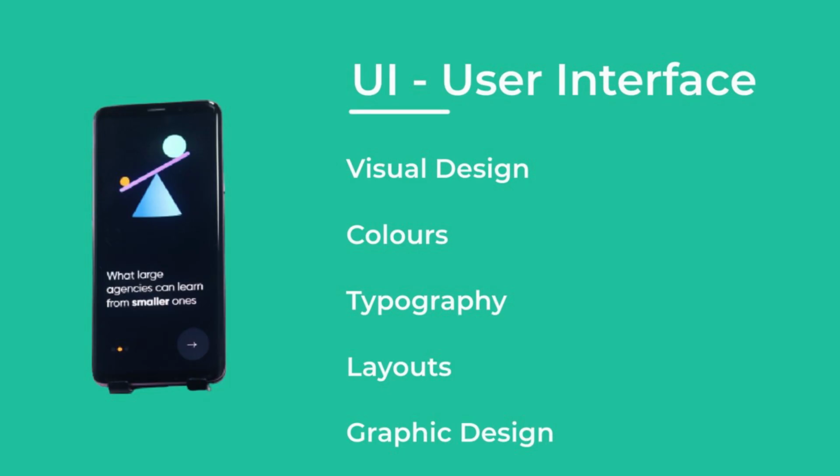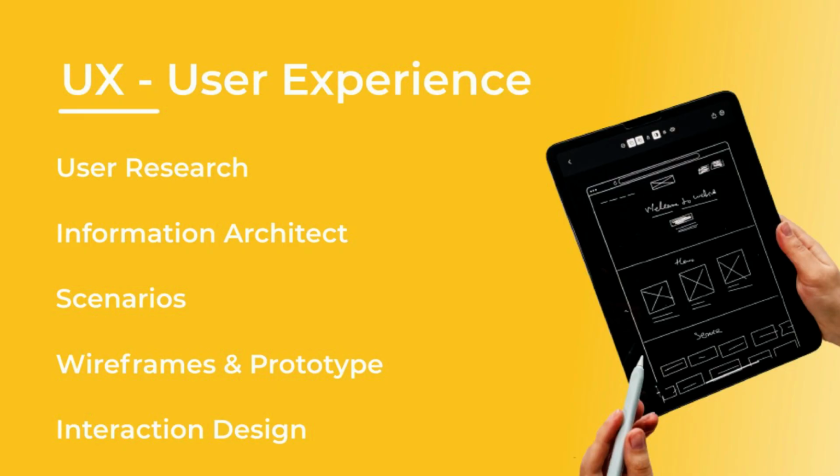So now let's see what is UI. UI covers visual design, colors, typography, layouts and graphic design. On the other hand, what is UX? That is user experience, which covers user research, information architecture, scenarios, wireframing and prototyping, interaction design and much more.